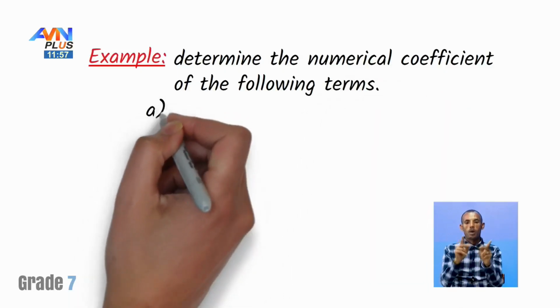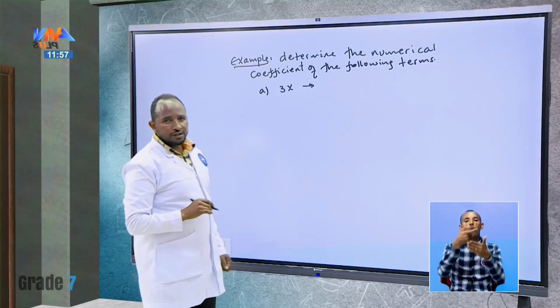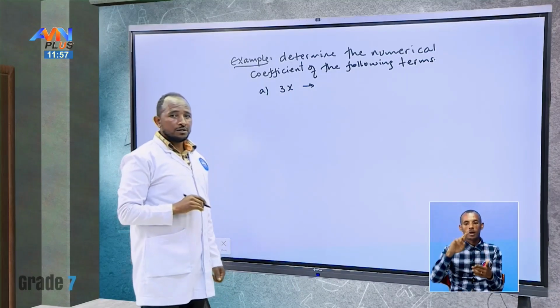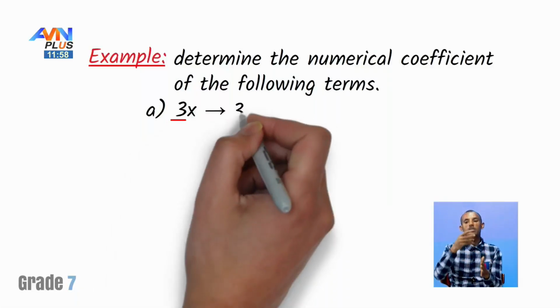A, in 3x, what is the numerical coefficient? The numerical coefficient is 3. The numerical factor here is 3.